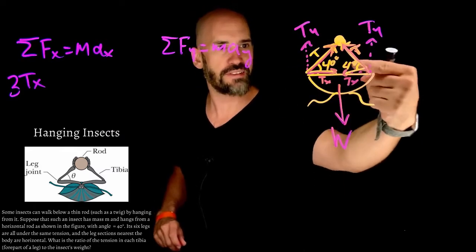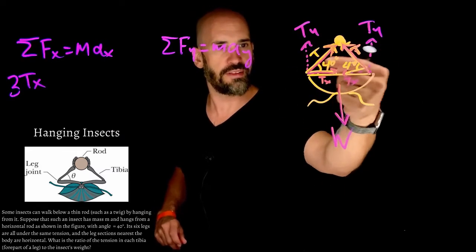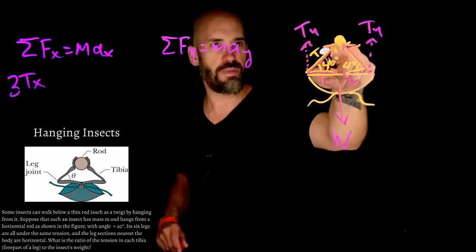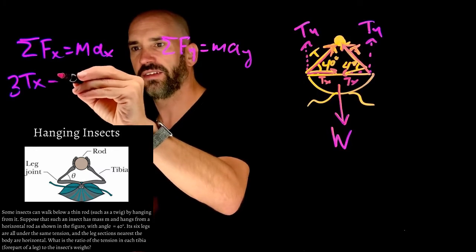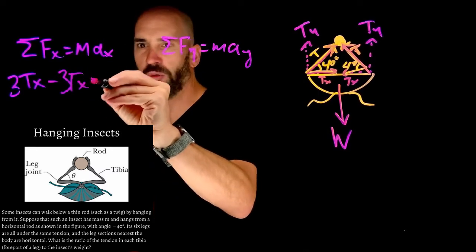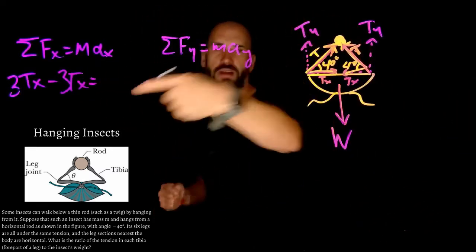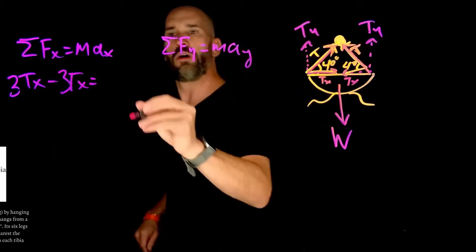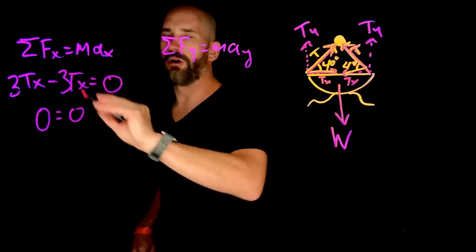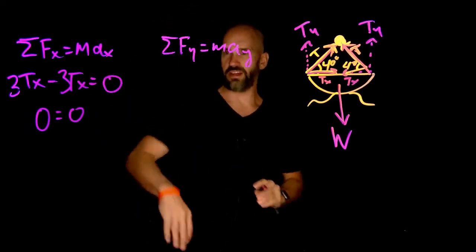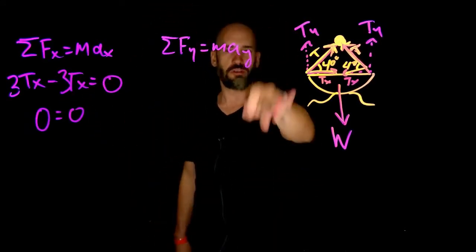The x component of this guy's legs are pointing this way for everything on this side of his body, and everything on this side of his body, the Tx's are pointing this way. So I have 3Tx minus 3Tx equals, is he accelerating in either direction? No. So we know that this is 0. So this just gives us 0 equals 0. Boring, all right? Doesn't really tell us anything. Boring equation.